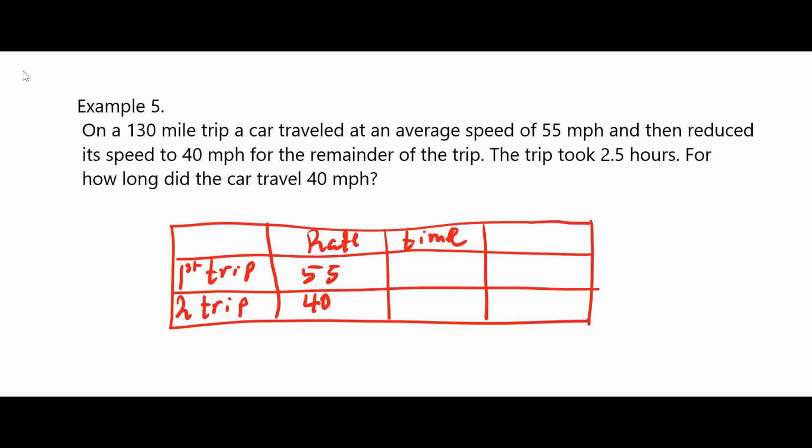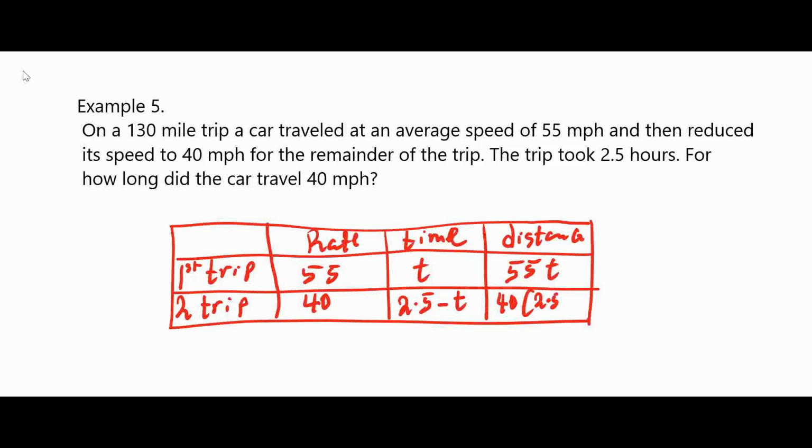So if the first trip took t time, then 2.5 minus t will be the time spent on the remainder of the trip. Now the distance covered, like you know, is rate times time, which is 55 times t, that gives us 55t, and also 40 times 2.5 minus t.